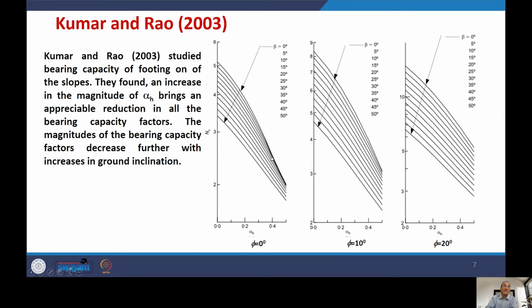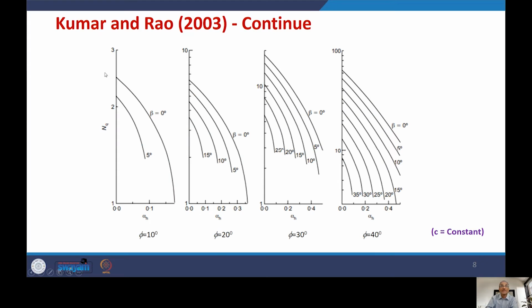Similarly, Kumar and Rao have given the variation for Nq also, that is the second factor. For Nq, 4 charts are given, for 10 degree, 20 degree, 30 degree, 40 degree. One thing here is that these charts are for a value of beta less than 5.